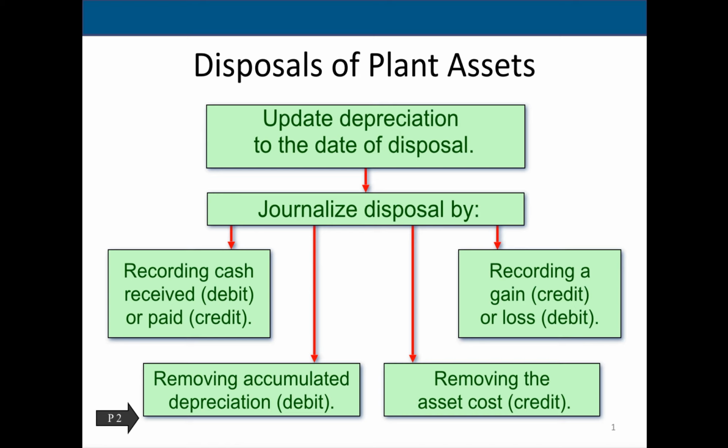It's kind of a four-part process, but these two bottom components, removing accumulated depreciation and removing the asset cost, is just basically reversing out the initial debit entry to the asset account. So that's what this part is. So if we debited buildings when we bought a building, then when we go to sell it, we will credit that building account for the initial cost.